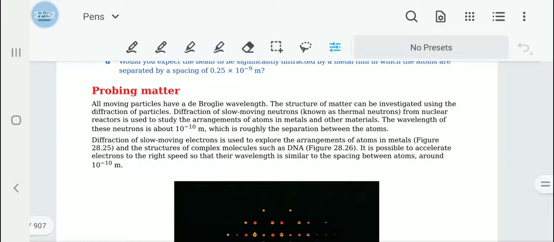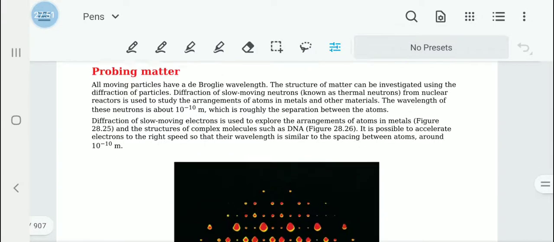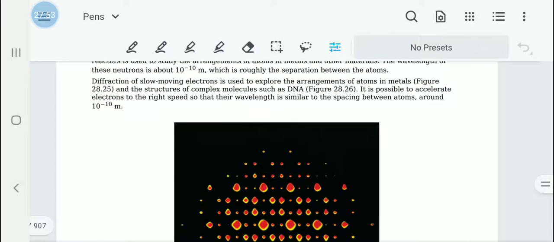Now we use the diffraction of slow moving neutrons to figure out the arrangement of atoms in a metal, and also to identify the structures of complexes such as DNA.